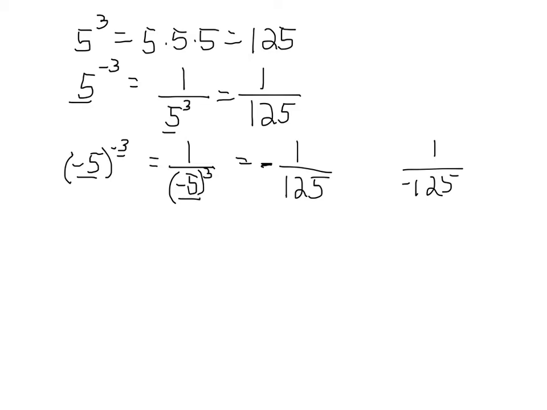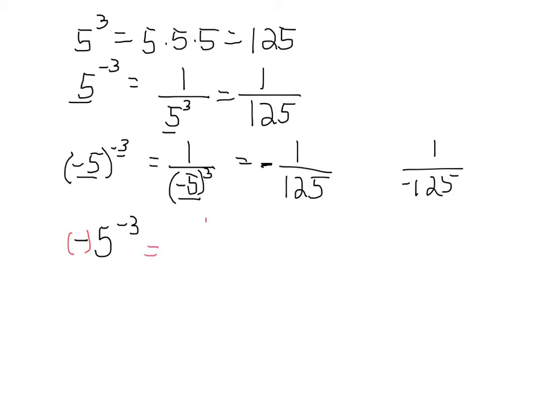And here's the hard one to remember. Remember, this is read the opposite of 5 to the negative third power. So for now, we're just going to disregard this negative because we say the opposite of it at the end.